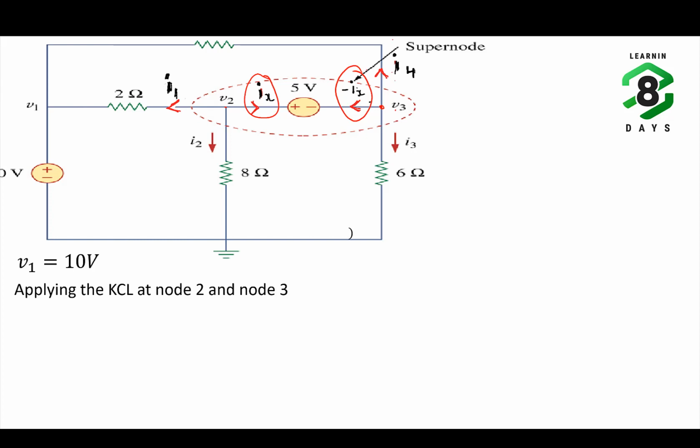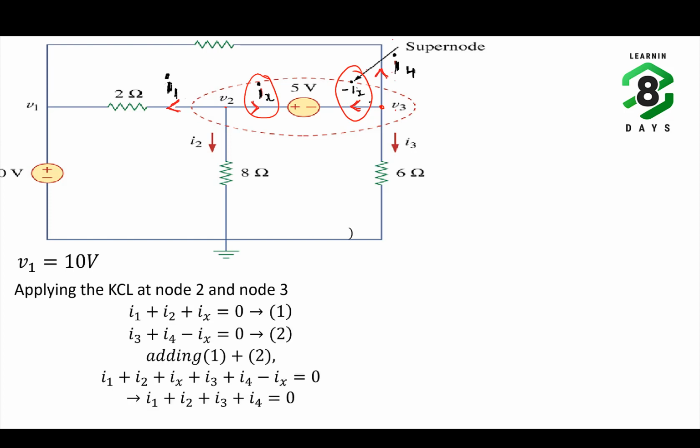Now by applying KCL at node 2 and node 3, what are we going to get? At node 2, the currents are I1 plus I2 plus Ix equal to 0. Let us call that equation 1.